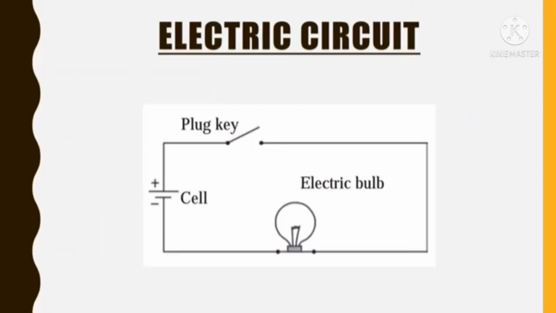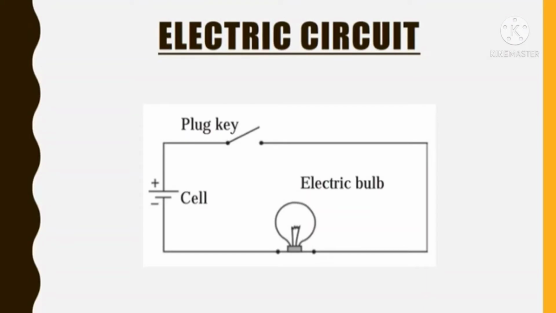This is very important. Now we are learning about the diagram of an electric circuit. This diagram is showing you how the electric current flows in a circuit and how the bulb burns. Here the circuit is showing the large vertical line and the smaller vertical line.